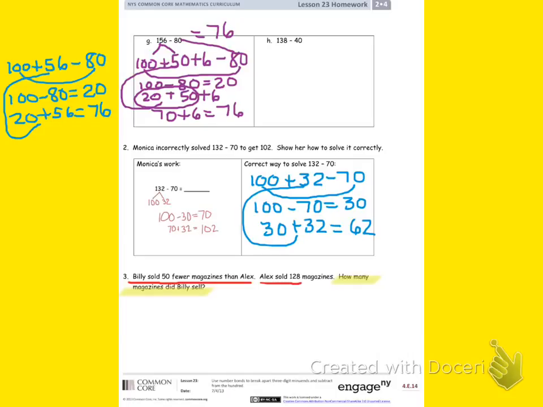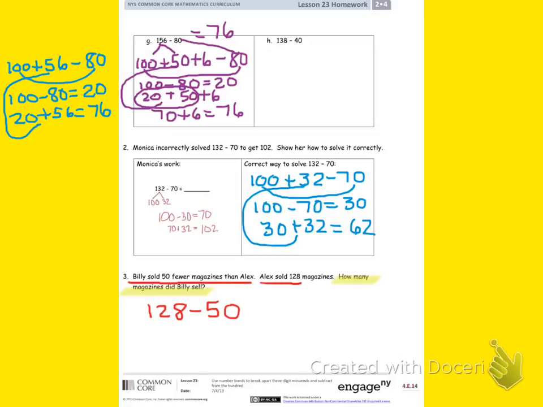All right, now, if Billy sold 50 fewer magazines than Alex, we have to take the amount that Alex sold, which is 128, and subtract 50 from it, because Billy sold 50 fewer. That means less than Alex.